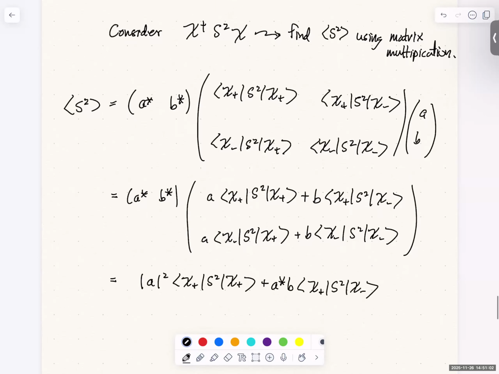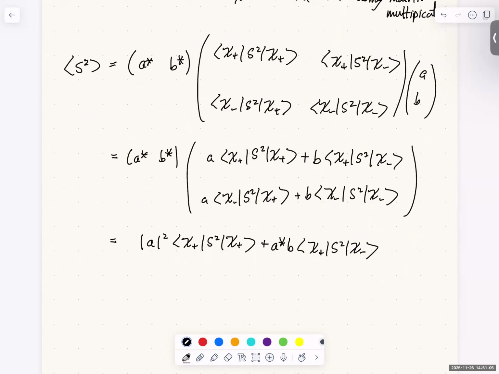It's a lot of writing to prove a point that I think we can all see already, but let's finish it off. And then B star times that: B star A chi minus S squared chi plus, plus B squared chi minus S squared chi minus. And this we'll call equation 2.